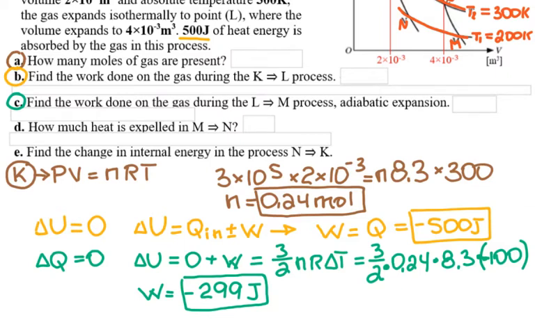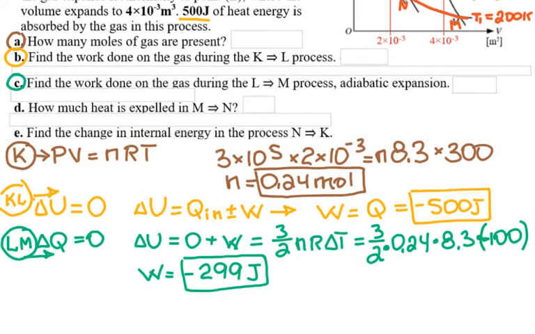So we had the K to L process, and now we have LM. It's still expansion, so we still have negative work.